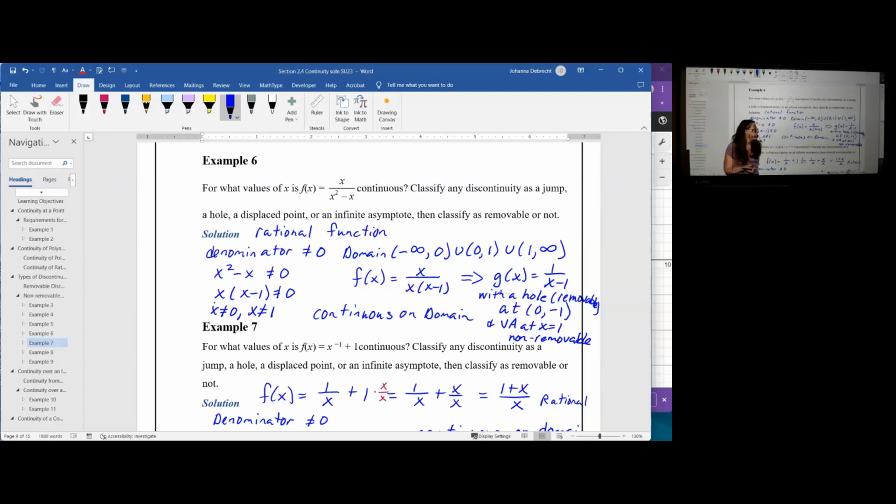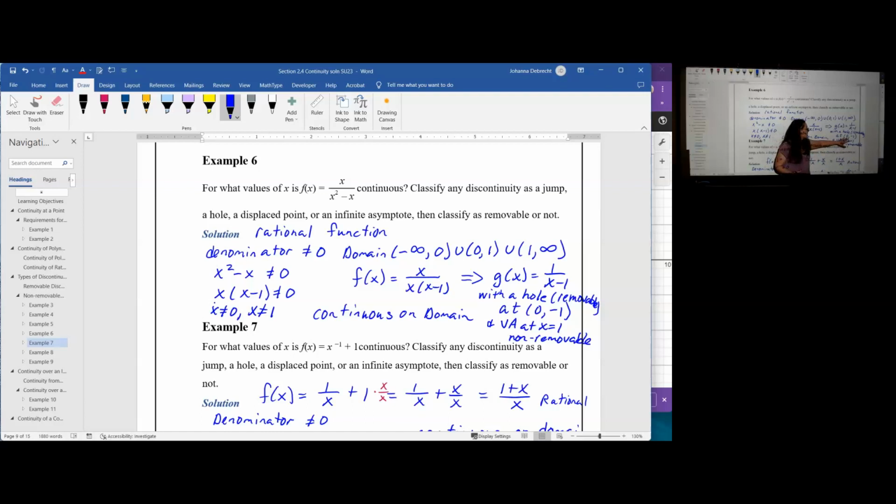But what type are they? If I put the factored expression back into the original equation for the function, I see that the single factor x cancels and approaches a reduced fraction of 1 over x minus 1. Because the factor x canceled completely, it becomes a hole in the graph.